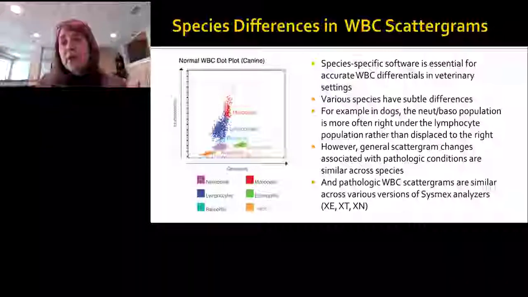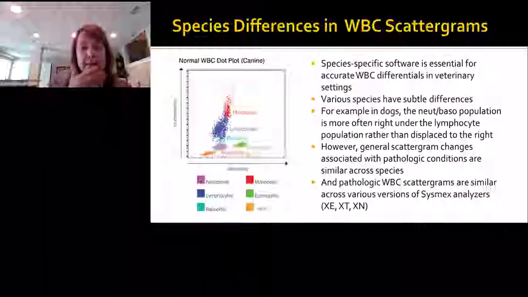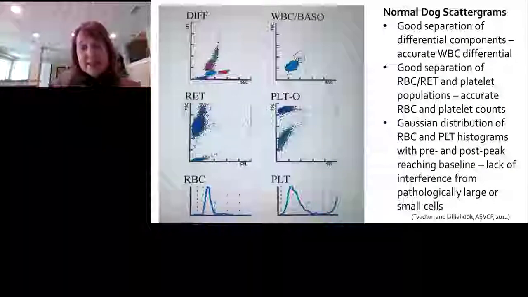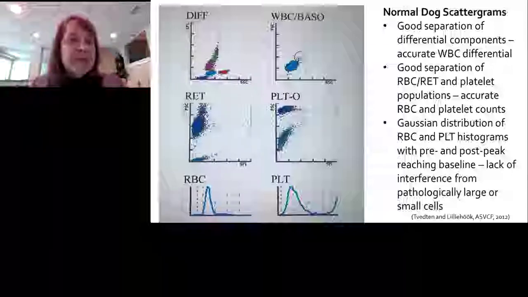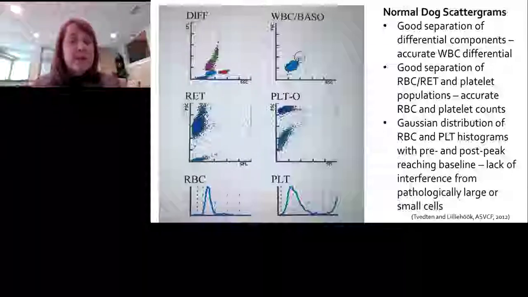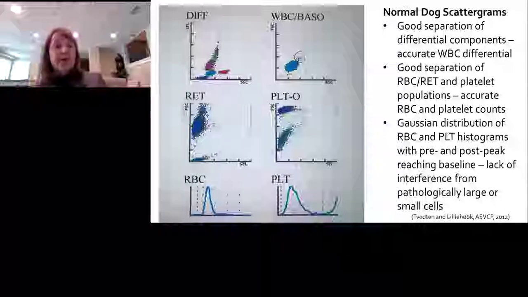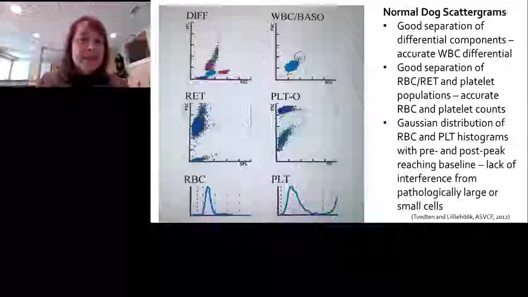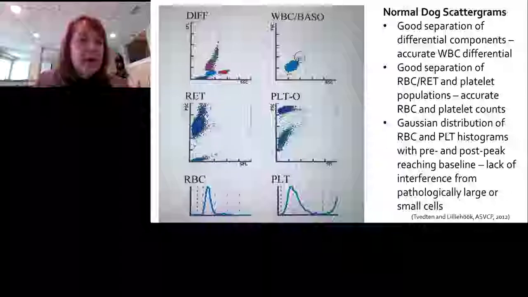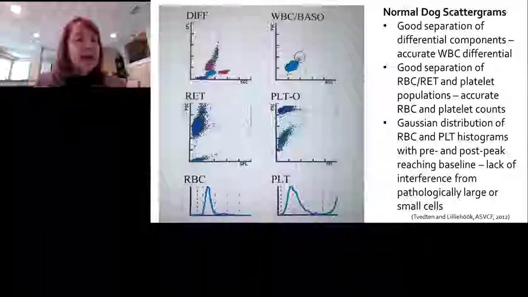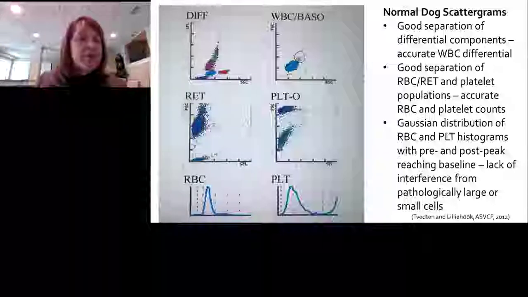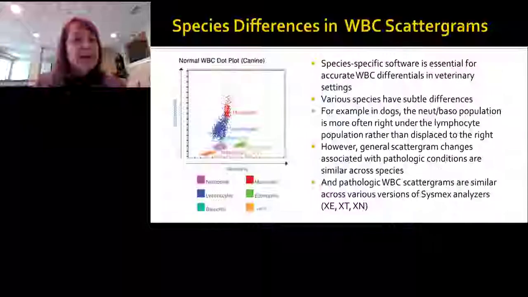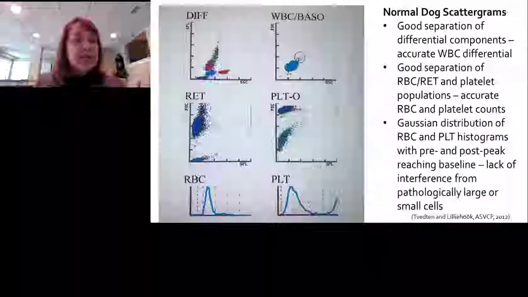So let's show you a publication from ASVCP in 2012. This was represented as a typical presentation of dog scattergrams collected on the Sysmex XT. Here's that WDF scattergram we talked about, and we can see we have a good neutrophil population, lymphocyte, mono, and EO population.